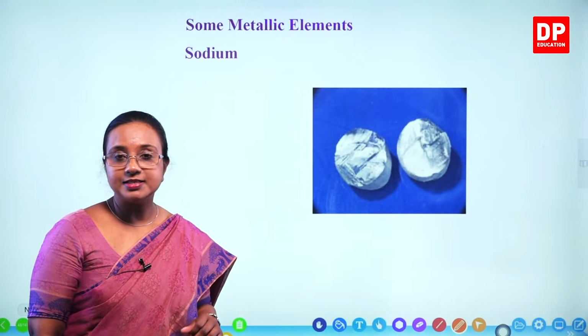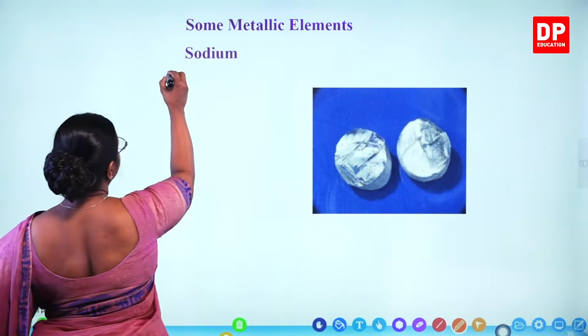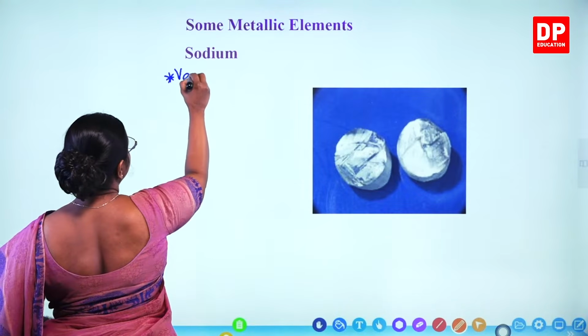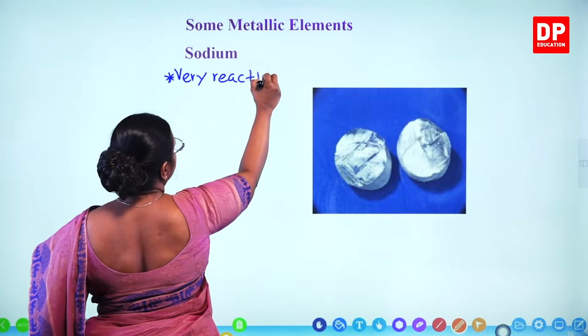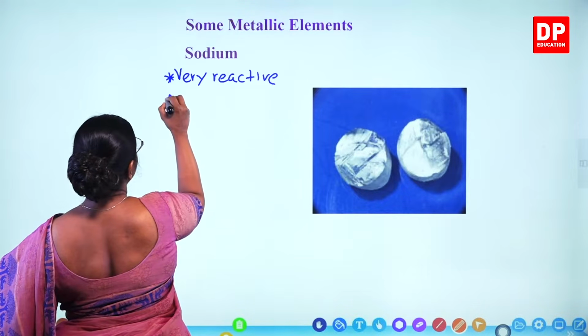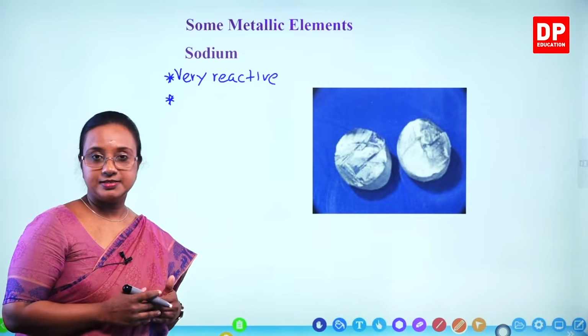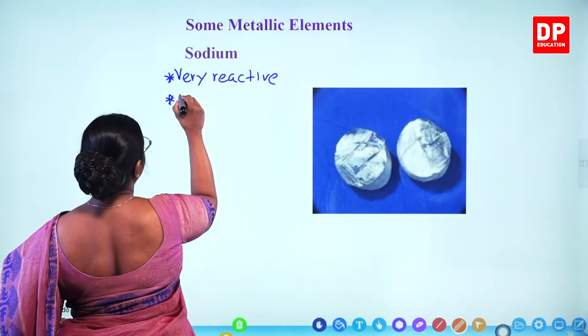It always exists as a compound. So if I highlight some of the properties, it is very reactive, and because it's highly reactive, it does not exist as a native metal, but it is present as a compound.